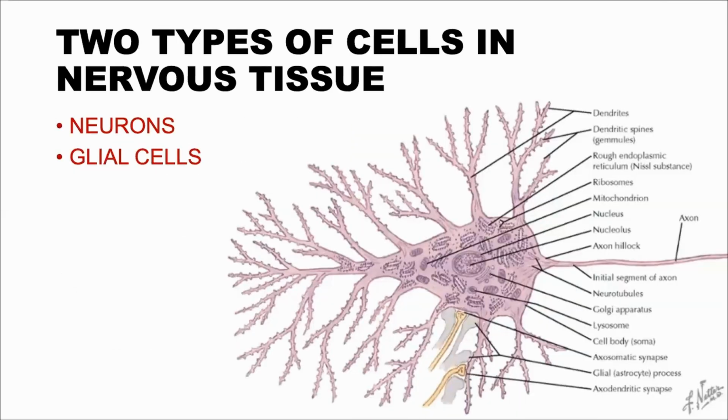And just for repetition, there are two types of cells in the nervous tissues. If I ask you that as a question, you can't get it wrong: neuronal cells and glial cells. This is just a picture of what the neuronal cells look like. What's in the neuronal cells is no different from any typical cells that we've looked at before.